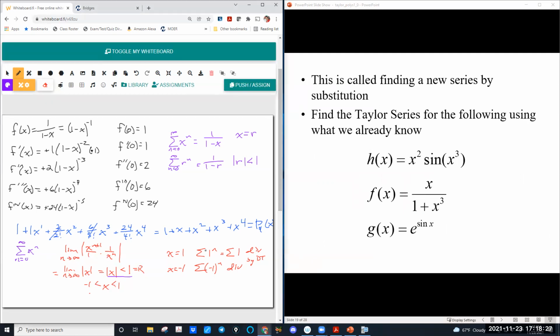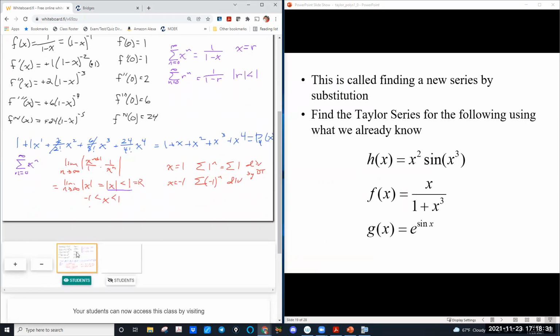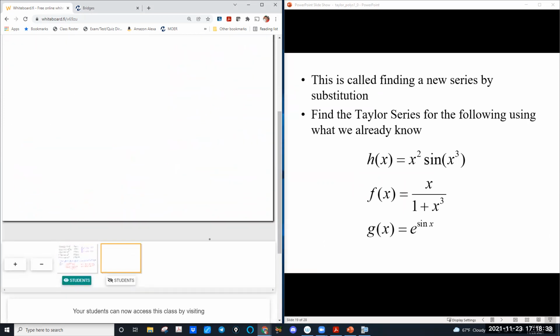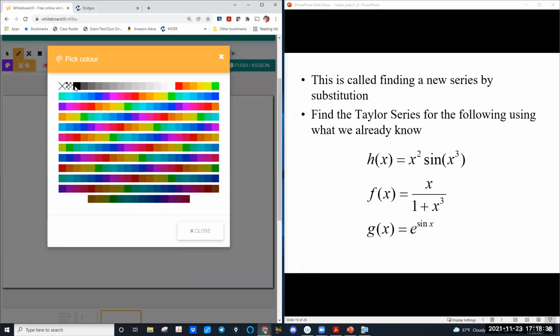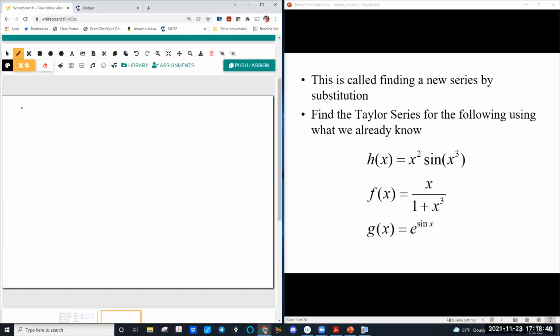Let's see, we're going to want more room, so let's go to a new slide. Just write down what we know. What we learned in that first slide, we're going to bring over. Here's what we already know: 1 over 1 minus x is equal to the Taylor series from n equals 0 to infinity of x to the n.